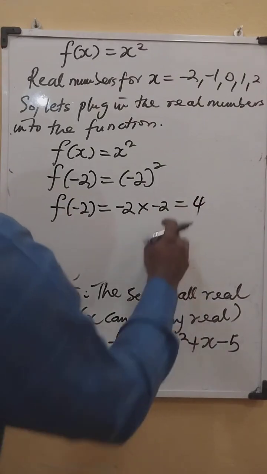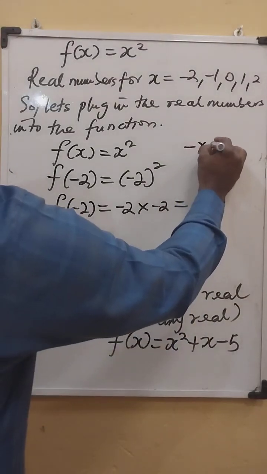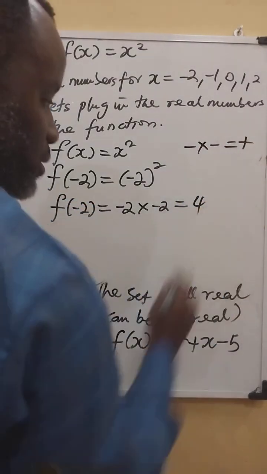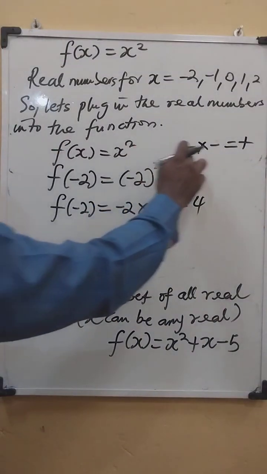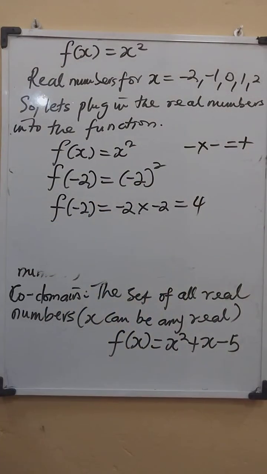So minus times minus is equal to what? Plus. Did you get that? Always don't forget this. So your answer is 4. So the range of function, this is how you now state it. The range of function where the real number is -2 is equal to 4. So let me write that out.